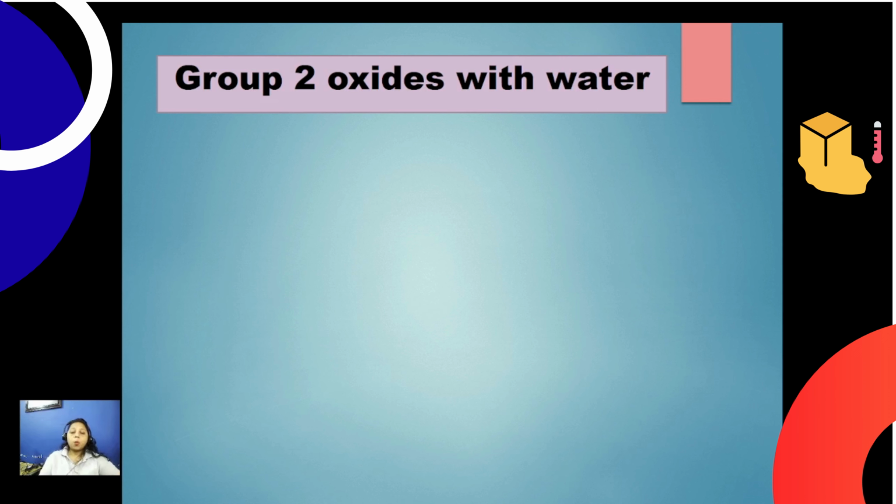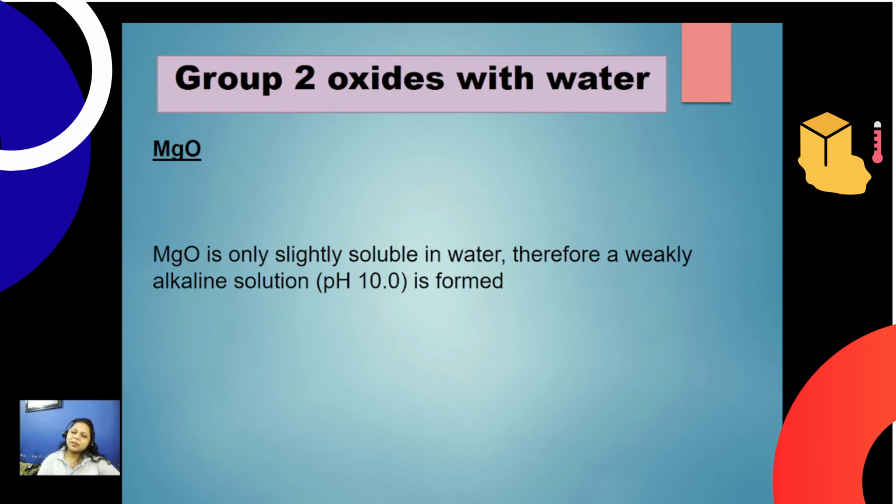Number two, how do they act when we dissolve them in water? Definitely they are going to react, and sometimes very violently. So when we talk about magnesium oxide, let's write the reaction. Magnesium oxide reacts with water and forms magnesium hydroxide.